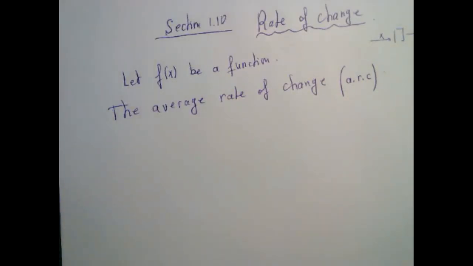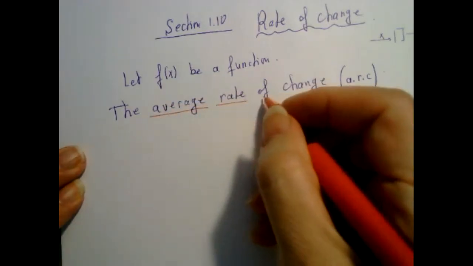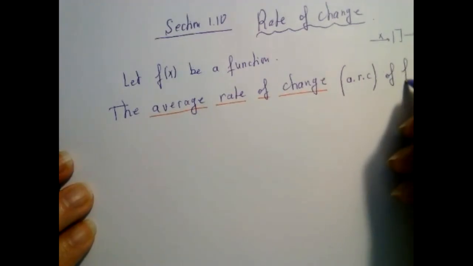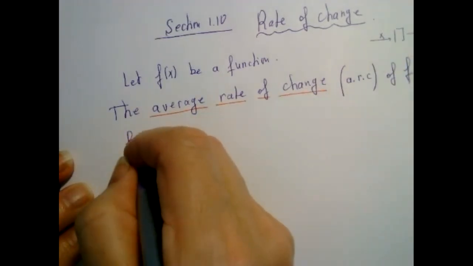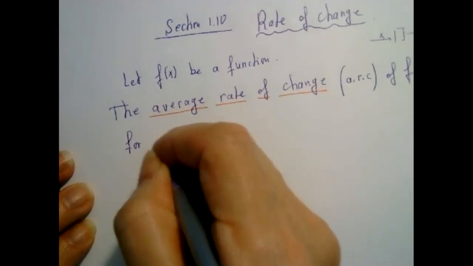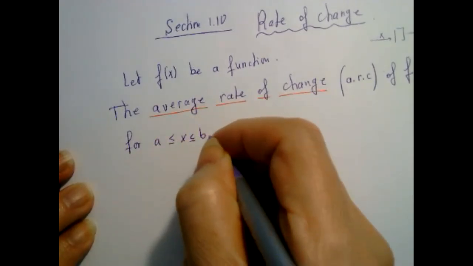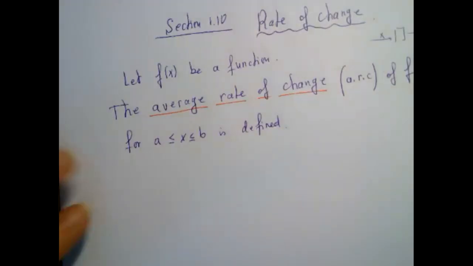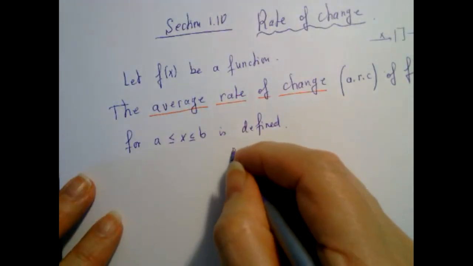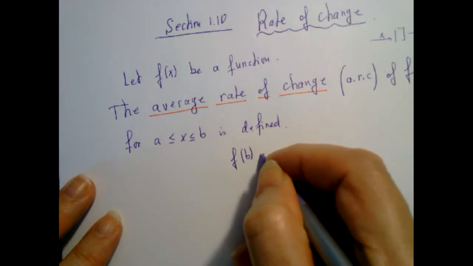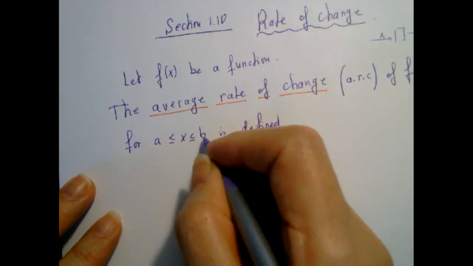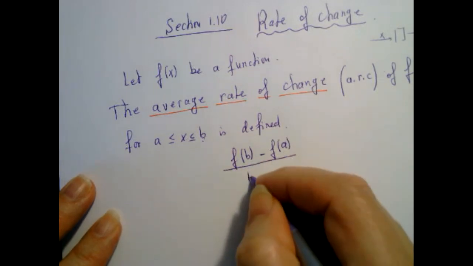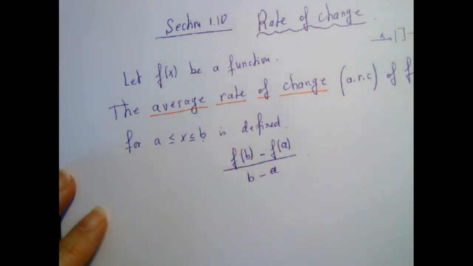So the average rate of change of the function f for x between a and b is defined by, so that's the definition, and then the explanation: f of b, the output at b, minus the output at a, divided by b minus a.